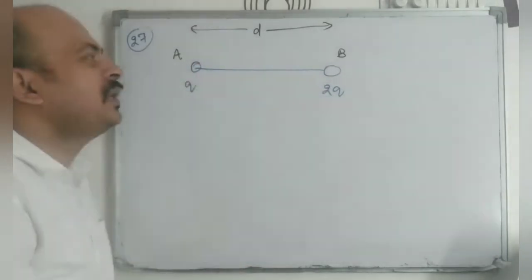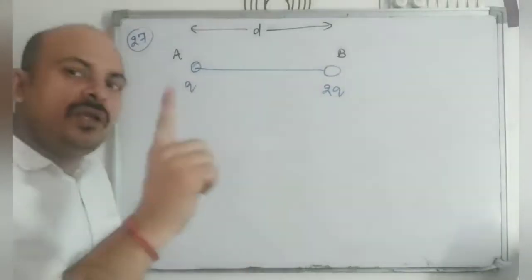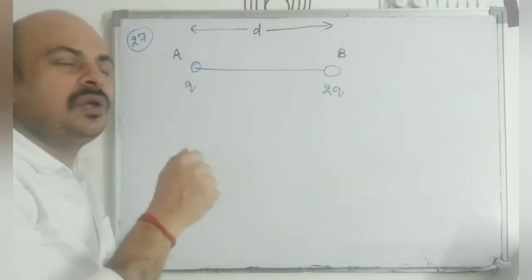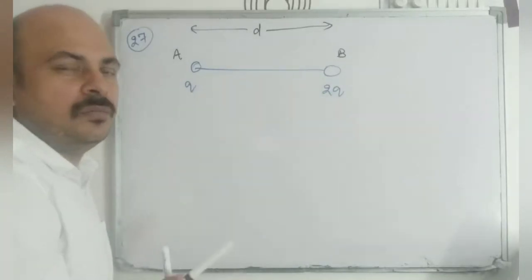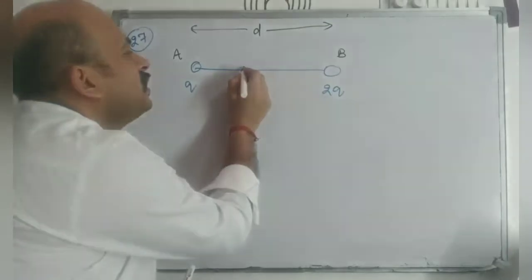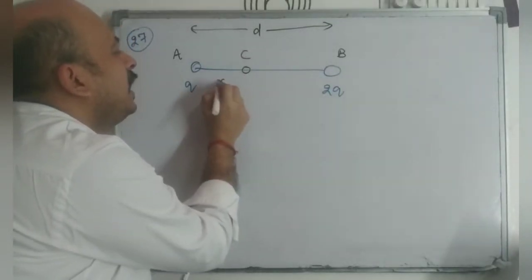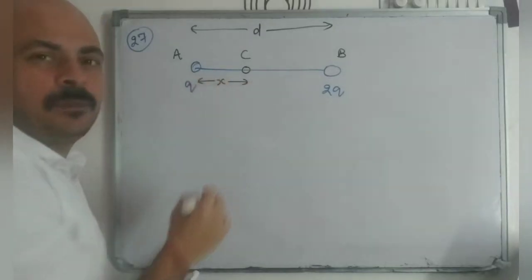The whole system will be in equilibrium. So you have to find number 1, the position of the particle, and number 2, the magnitude of charge in terms of small q. So let us assume that the point is here, point C, at a distance x from A.